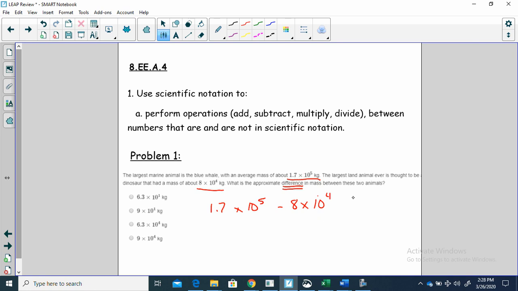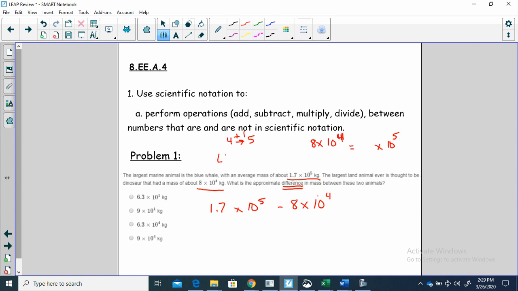I'm going to convert this one, 8 times 10 to the 4th, since I'm trying to set it up with this. We're going to go from 8 times 10 to the 4th to whatever that would be times 10 to the 5th. If we're going from an exponent of 4 to 5, we add 1.